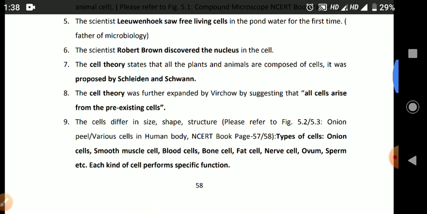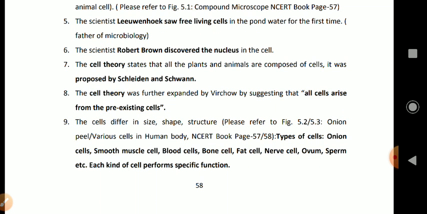Now come to the size, shape and structure of the cell. Fundamentally, the structure, size and shape are similar, but according to the function, their size, shape and structure differ slightly, such as nerve cells, blood cells, smooth muscle cells, and fat cells, given in your book, figure number 5.3, page number 58.